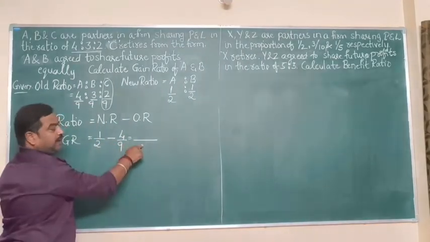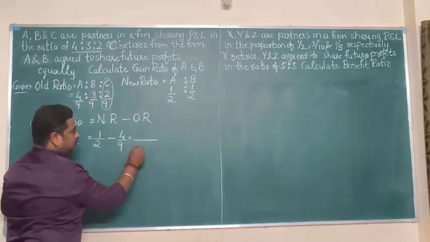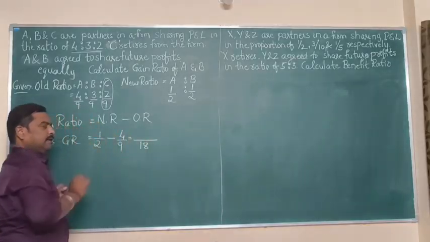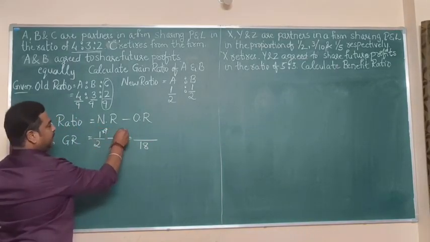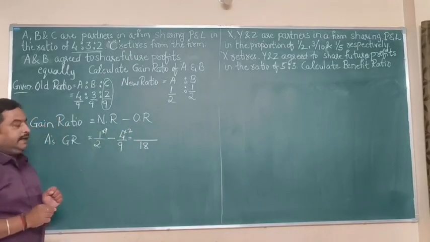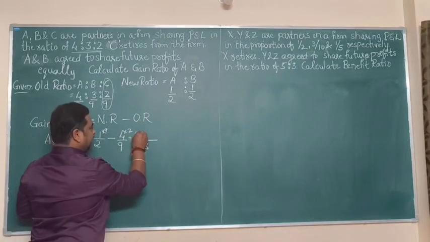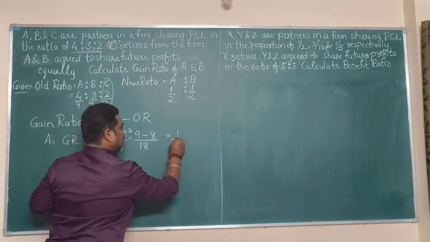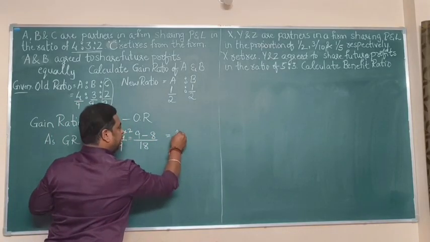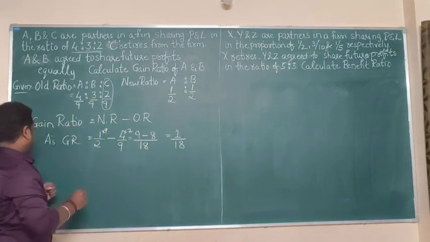How to get the common LCM? Multiply these two: 2 9s are 18. 2 9s are 18, 9 2s are 18. 1 9 is 9 minus 4 2s are 8. 9 minus 8 is 1, divided by 18.